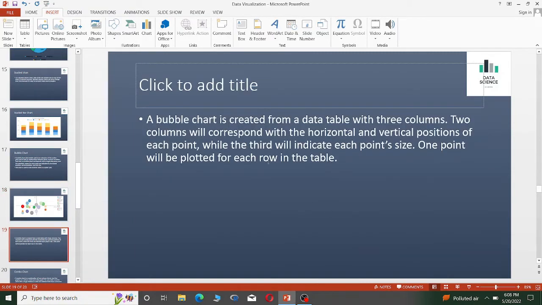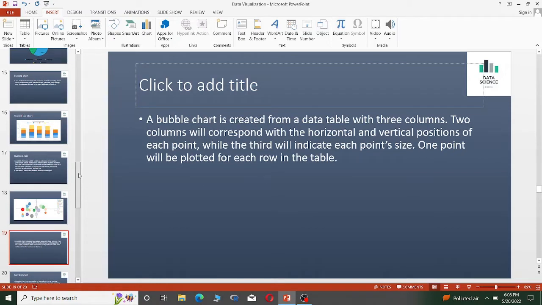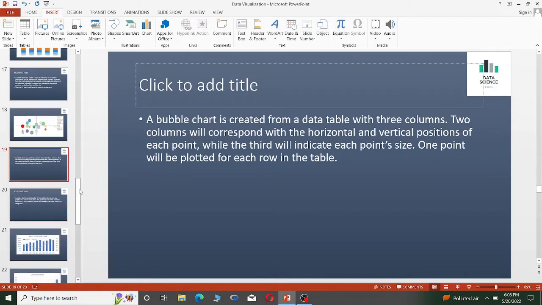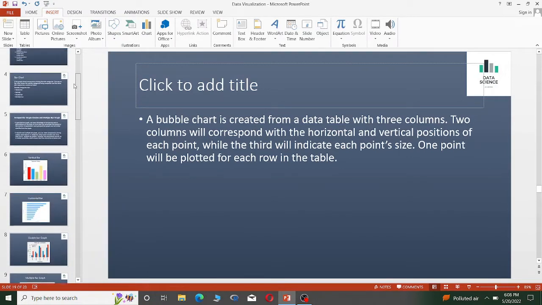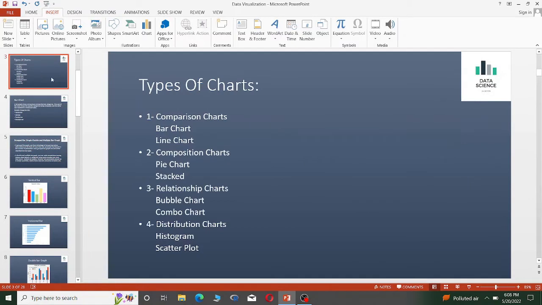One point will be plotted for each row in the table. So I guess that is all for the bubble chart. Actually, the bubble chart comes under relationship charts, as it is telling the relationship between three numeric variables.